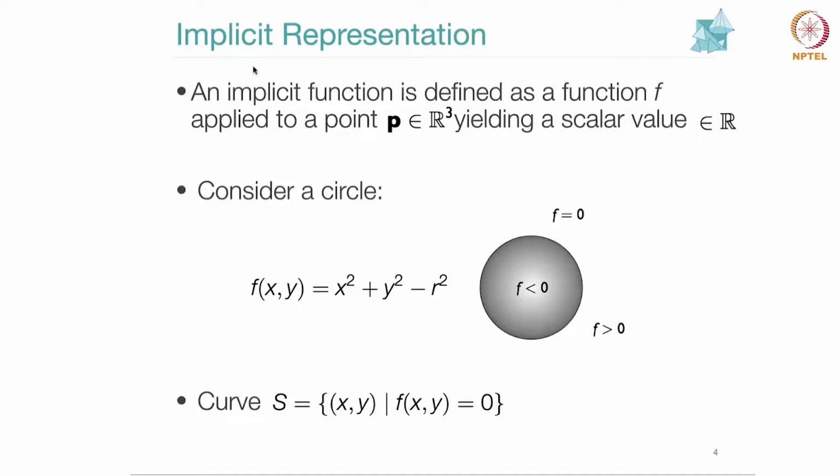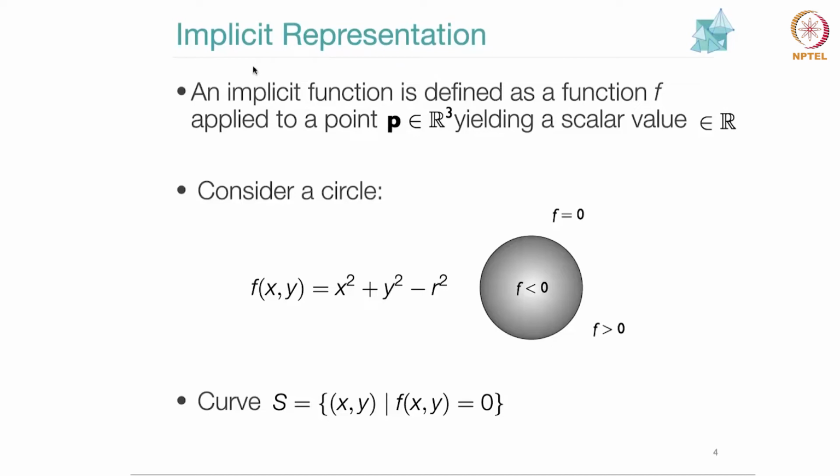Now, when it comes to implicit representation, I use the form x squared plus y squared minus r squared equals 0. I can move r onto the left hand side. So my f of x, y here becomes x squared plus y squared minus r squared. And then the circle in this case, S, is the set of all the points (x, y) for which f(x, y) equals 0, right?